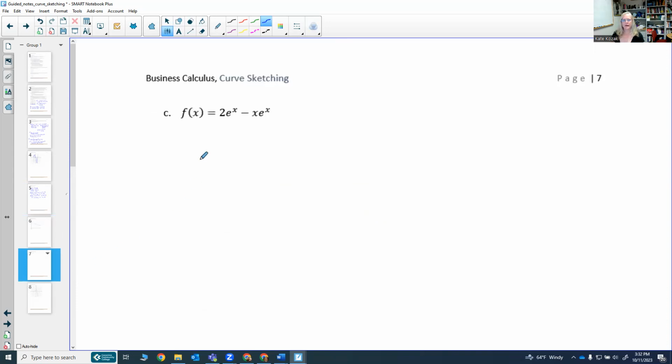The next example is f of x is equal to 2e to the x minus x e to the x. The domain of this, since this function involves an exponential, is all real numbers.